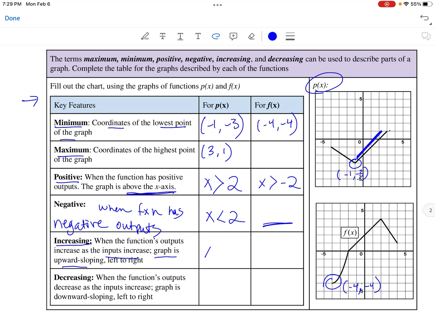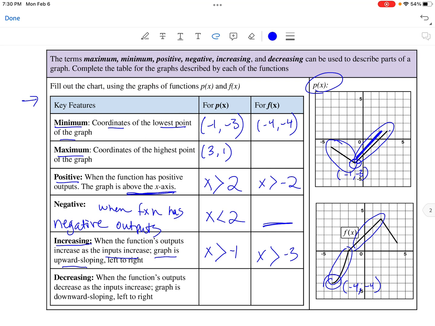So it is when the input is bigger than -1. So this whole portion here. For this f of x, there's 2 parts which are upward sloping, this part and this part. And they're one after another. So it's everything where x is greater than -3.